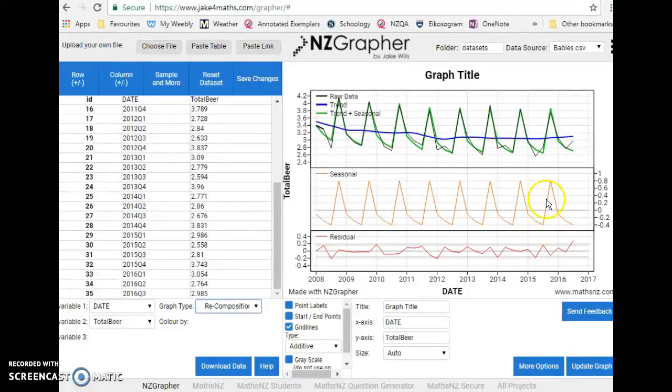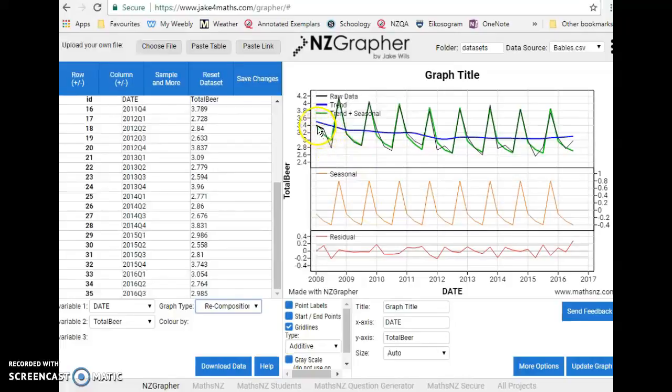So, start here: negative 0.1, negative 0.3, negative 0.4, positive 0.8. Right? And it repeats itself perfectly as that previous graph I showed you. So that's what that graph in the middle is, the seasonal component.